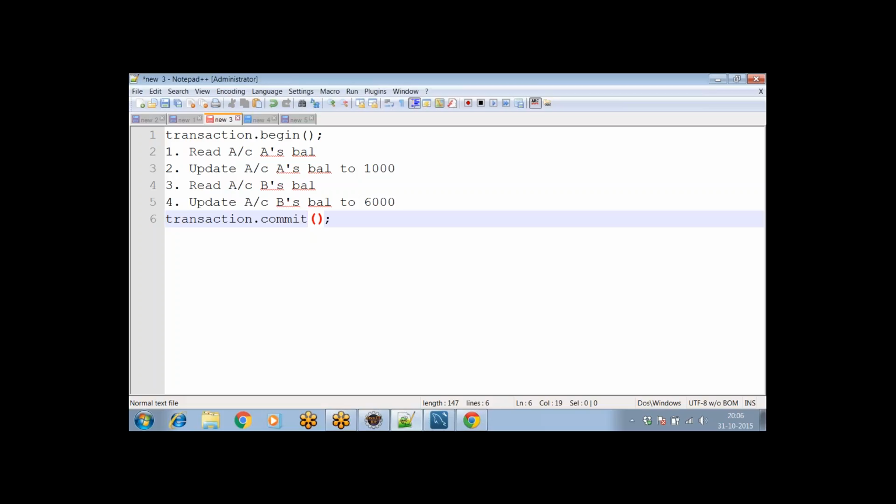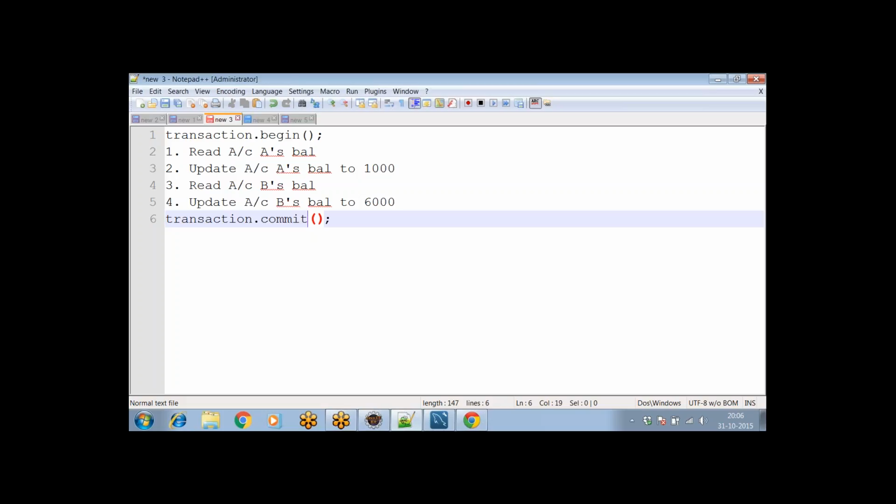Is it clear for you people? All of you? Can I have yes or no? Okay, good. Hibernate is helping us in defining a transaction pragmatically.